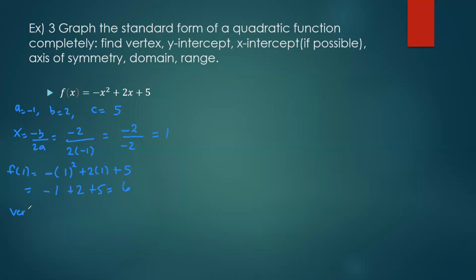So it looks like our vertex is at (1, 6). Let me confirm it with Desmos. Yes, the vertex is at (1, 6). So my axis of symmetry is x equals 1.